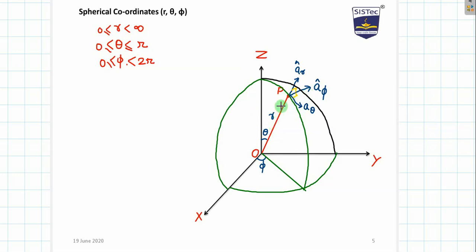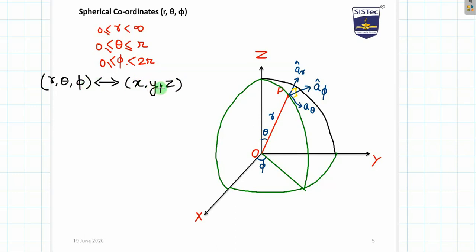Now we will develop the relation between the spherical coordinates, that is r, theta, phi, and the Cartesian coordinates, that is x, y and z.